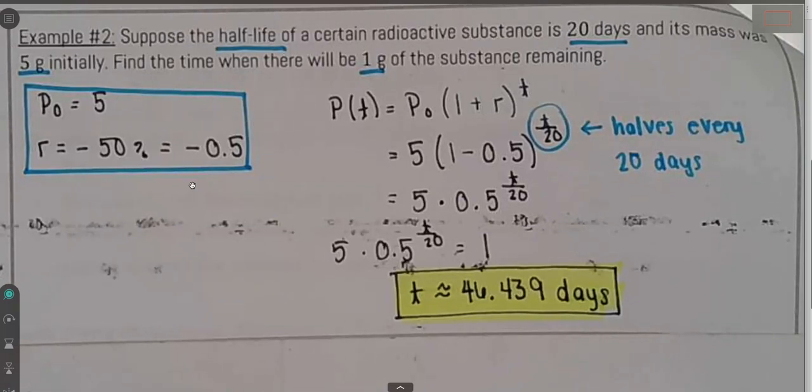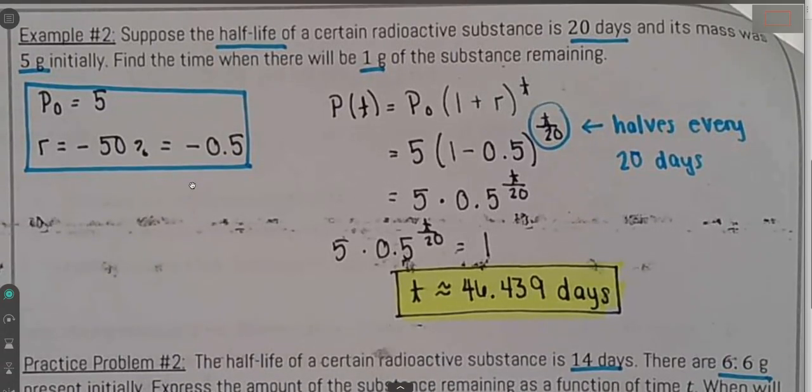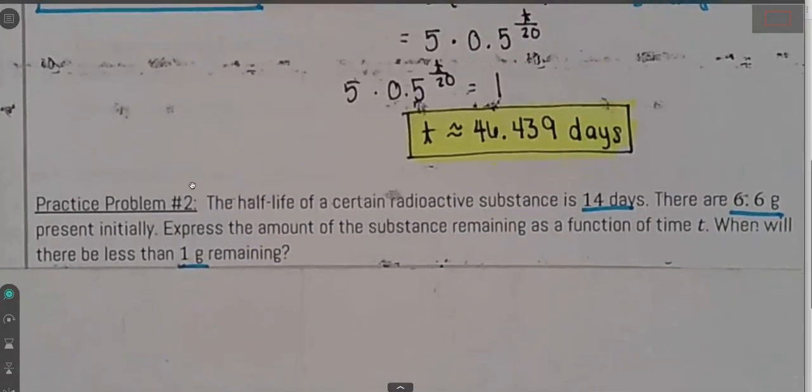Sorry, not negative. Positive 0.5. You put 0.05. You had an extra 0. All right, ladies, are there any questions on this one? Okay. Let's go on to this one.